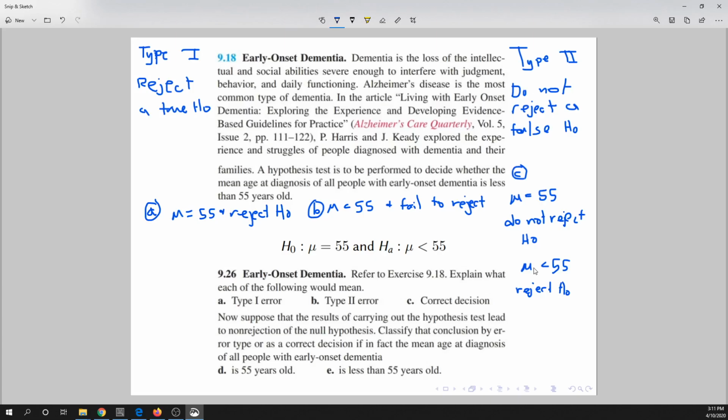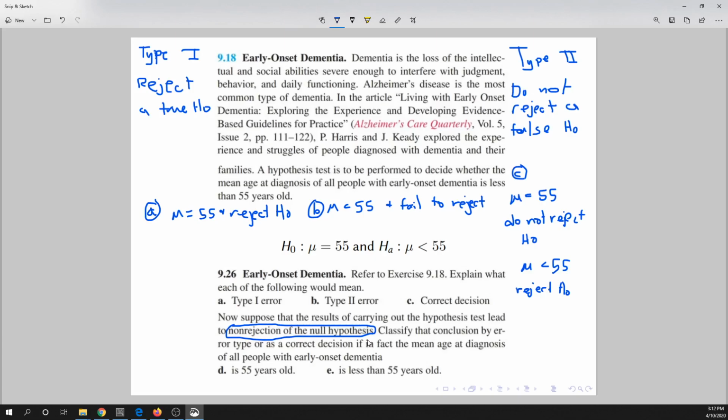Part D, they say, now suppose that the results of carrying out the hypothesis test lead to non-rejection of the null hypothesis. So you carry out your test and you do not reject the null hypothesis.